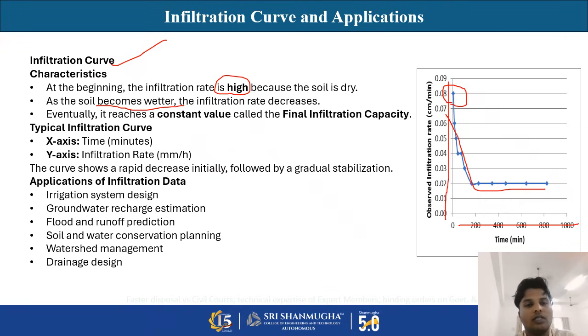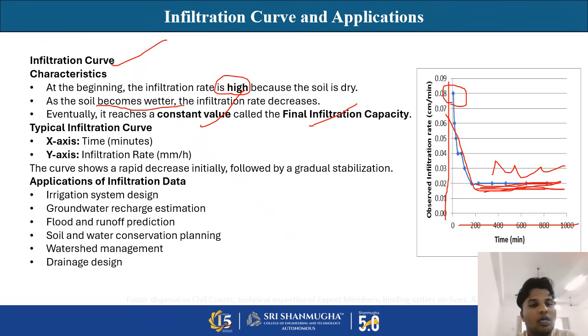Eventually, it reaches a constant value called the final infiltration capacity. There is no deviation in the curve and value after this. That is why it finally reaches the final constant value, the capacity of infiltration of the soil.